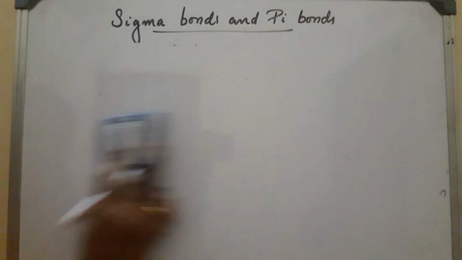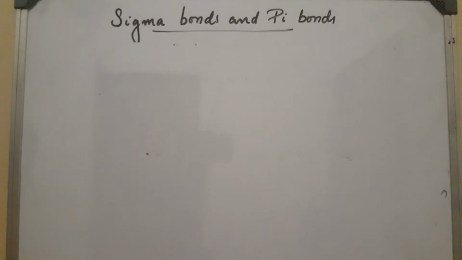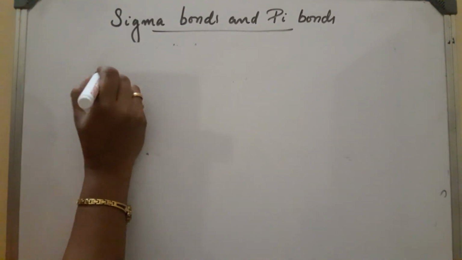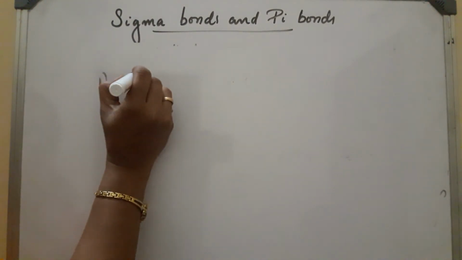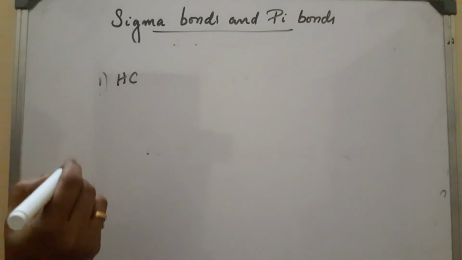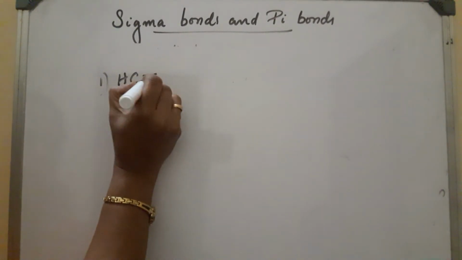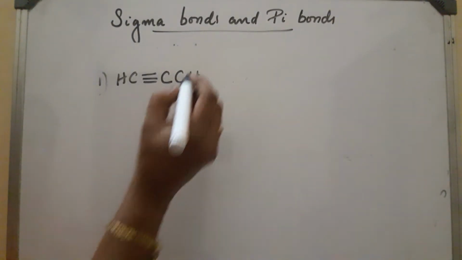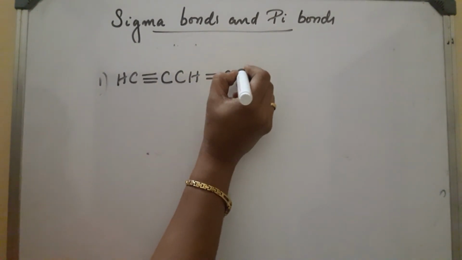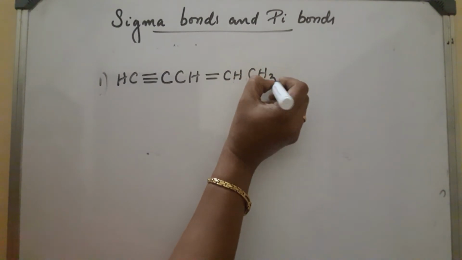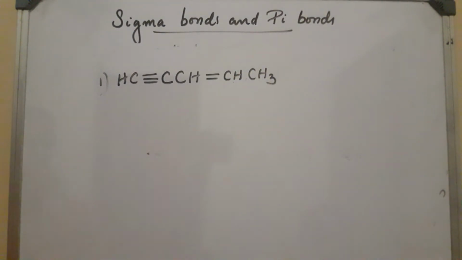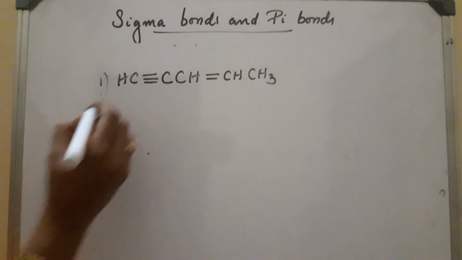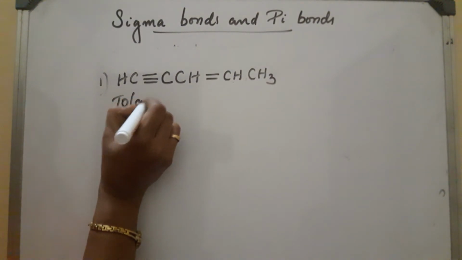Take this example: CH triple bond CH, double bond CH3.